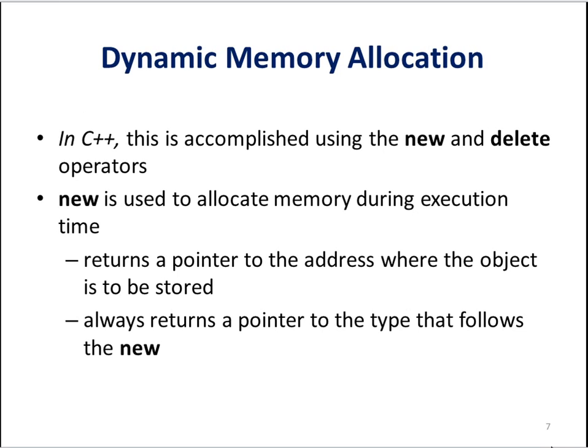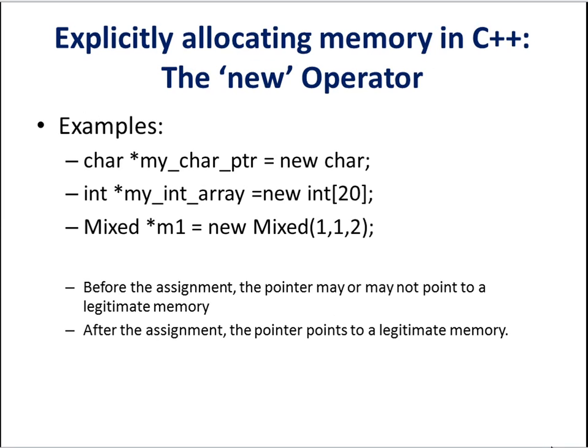It always returns a pointer to the type that follows new. That means if you are allocating memory using new for an integer, it returns a pointer of integer type. If you allocate memory for an object using new, it returns a pointer of the object type. Explicitly allocating memory in C++ through the new operator.